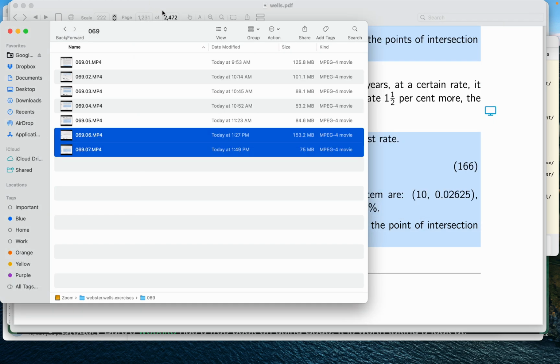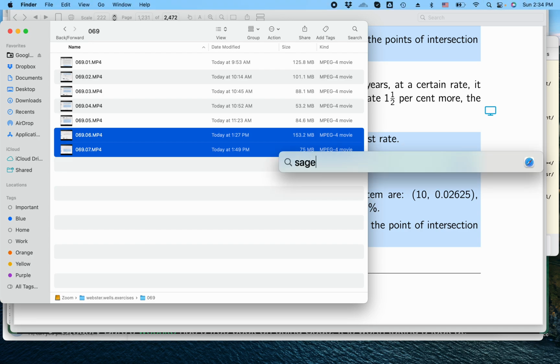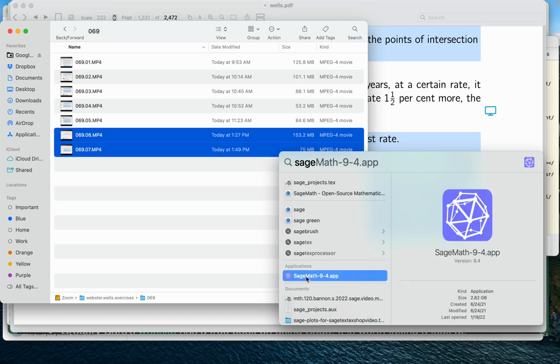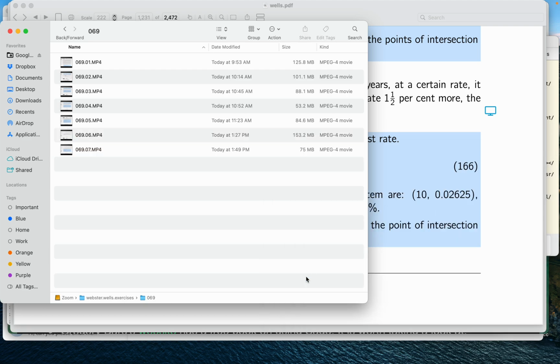I'm sorry, I did something stupid there. I wasn't doing what I said I was going to do. Sage, I'm sorry. I just typed it in, and the first thing that comes up, I want to look for the application, right? And I see it right over here. At first I was searching files. Now I'm searching for applications. So I'll double click that.